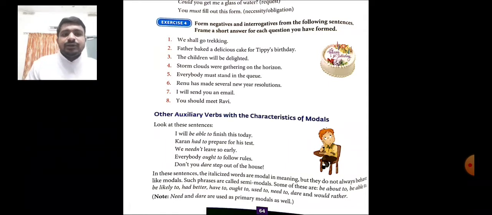Such phrases are called semi-modals. Some of these are be about to, be able to, be likely to, had better, have to, ought to, used to, need to, dare, and would rather. All these behave in a sentence like modal auxiliary verbs, but they are called semi-modals.